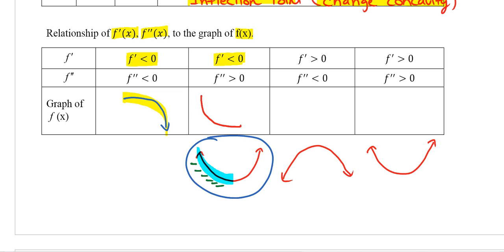Feel free to put your arrowhead over here at the top, or towards the bottom. I think it's more appropriate to put the arrowhead towards the bottom, because usually you're graphing from left to right. This part represents this part right there. Okay, let's delete that now.